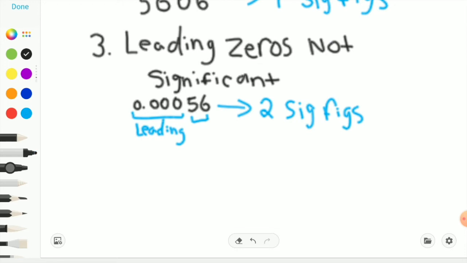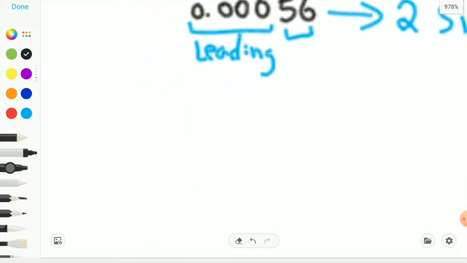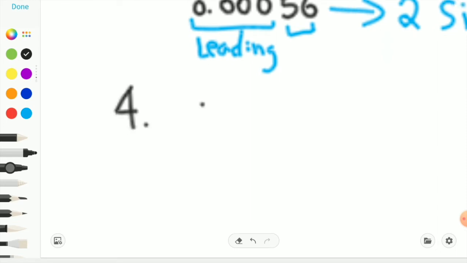Okay, so far I think it's pretty simple. And then if you have a number with no decimals, all the zeros don't count. These are the ones that are called trailing zeros.